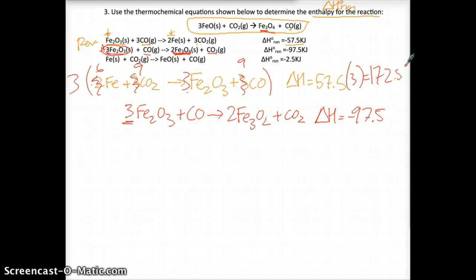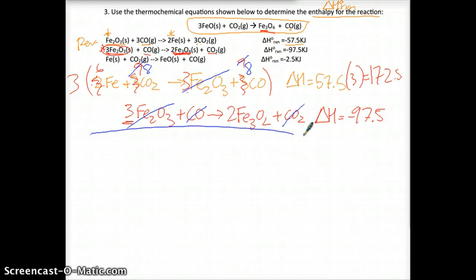Now let's see if I can cancel anything. Those Fe2O3s are going to cancel. I have 9 COs here and 1 here, so this would cancel and this would become an 8. I have 1 on the product here, that cancels with this, and that would become an 8.